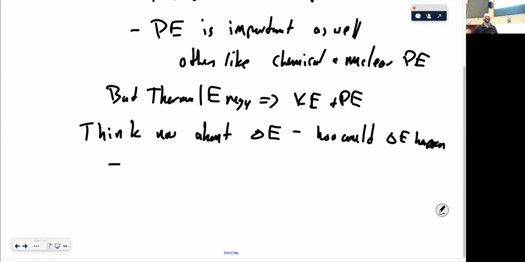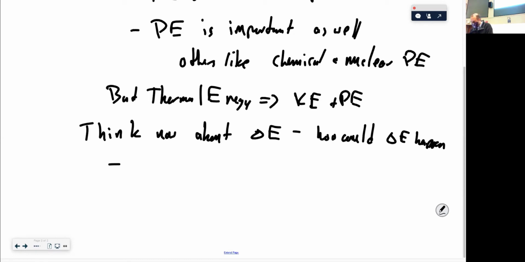Turns out there are only three fundamental ways to transfer energy from one substance to another substance. We're going to talk about those in turn, but for now I want to think more generally, not about how it's done, but what happens when it happens.